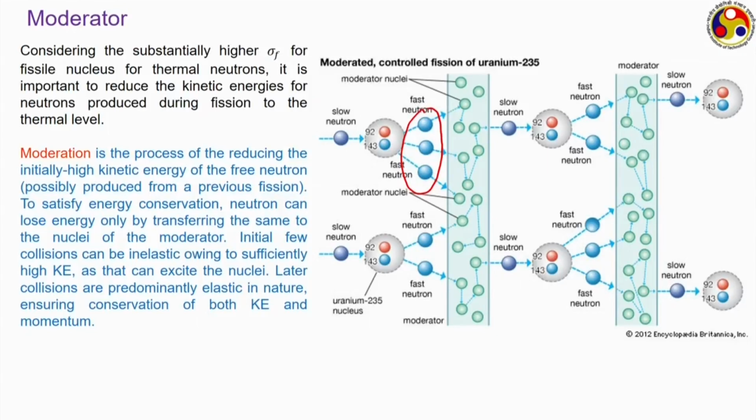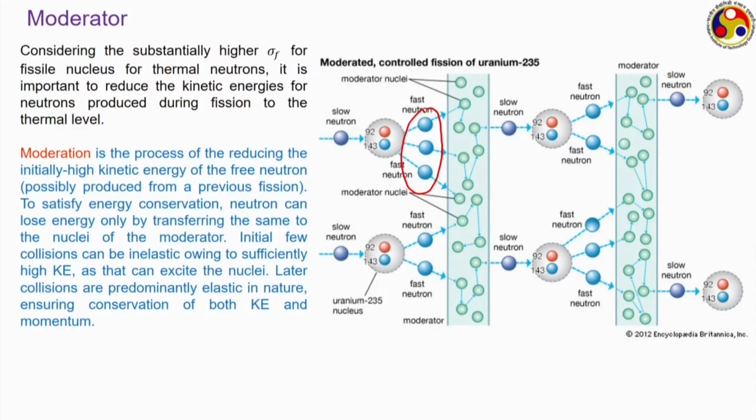A moderator works on the principle of elastic scattering that we have discussed earlier. During elastic scattering, the neutron collides with the nucleus and exchanges kinetic energy and momentum, thereby it loses its own energy and transfers a good part to the corresponding nucleus. So, while passing through the moderator, the neutron can undergo repeated elastic scattering, finally coming out as a slow neutron here.